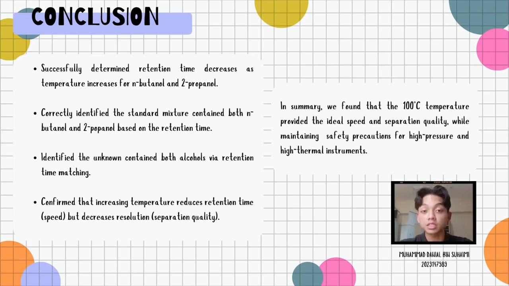Regarding the third objective, we also identified the unknown as N-butanol via retention time matching. For the final objective, we confirmed that increasing temperature reduces retention time but decreases resolution and separation quality. In summary, we found that the 100 degrees Celsius temperature provides the ideal speed and separation quality while maintaining safety precautions for high pressure and high thermal instruments.